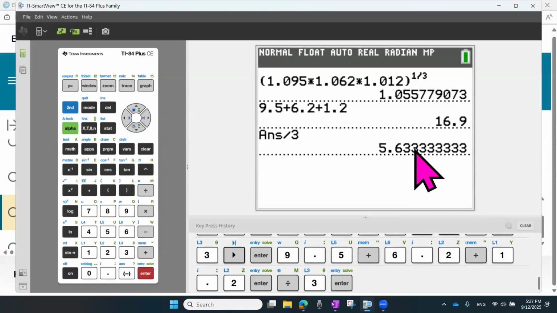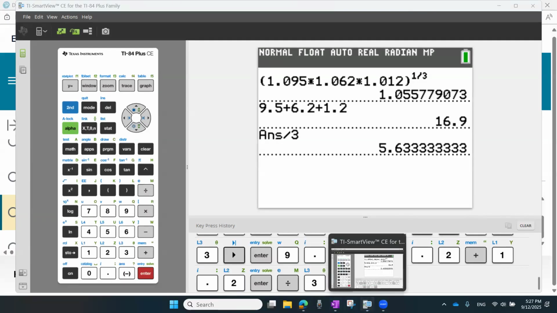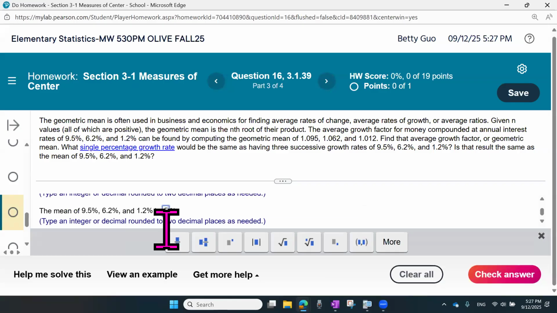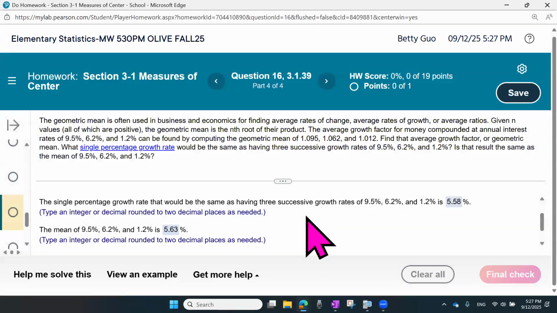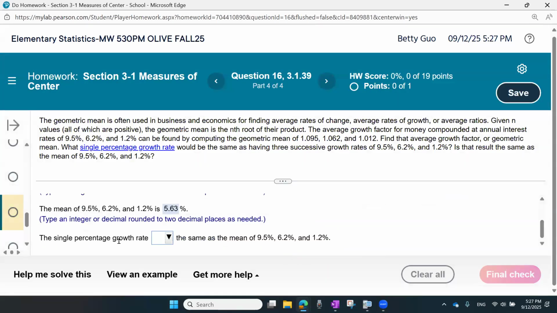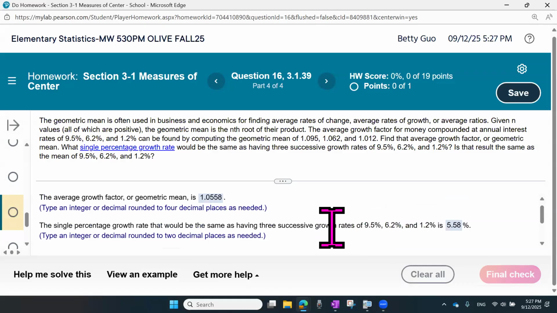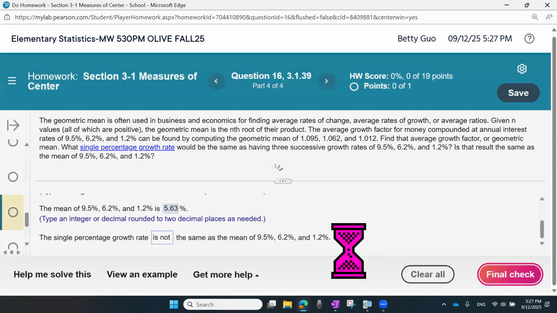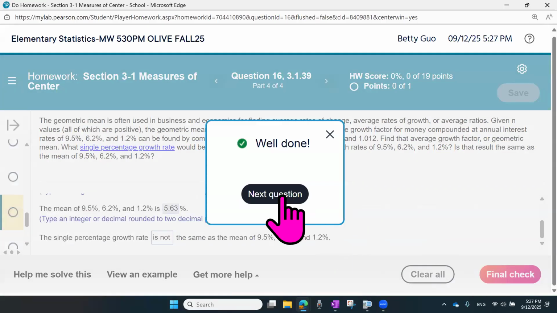So round it down because 3 is less than 5. 5.63. Check. All right, so the single percentage growth rate we got from part 2, 5.58%, is different. It's not the same as the mean of the three numbers. I hope the explanation helps you.